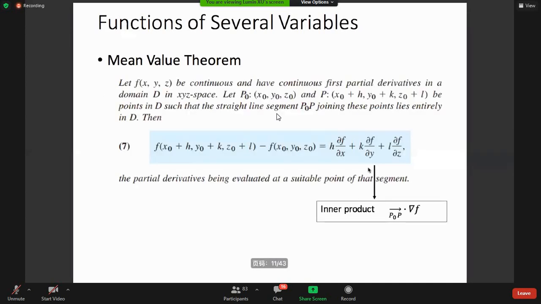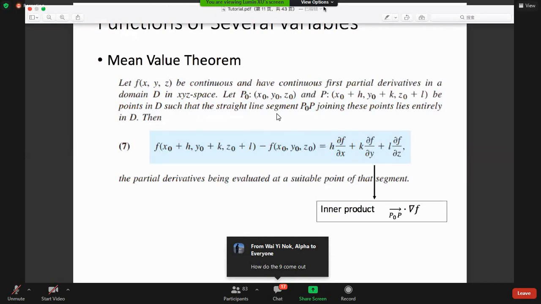So then we move on to the right part. The right part is something like that, and h should be 1. k and l are also 1, because h is the difference in the x direction, right?